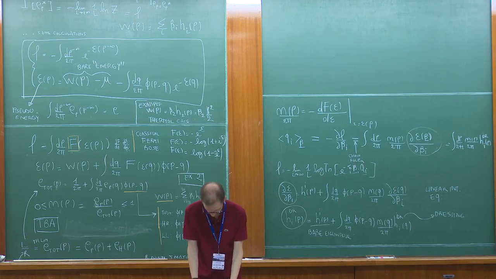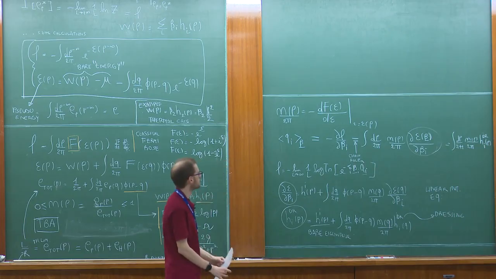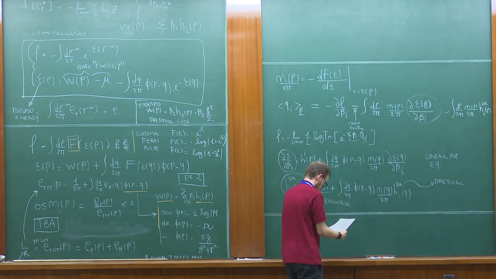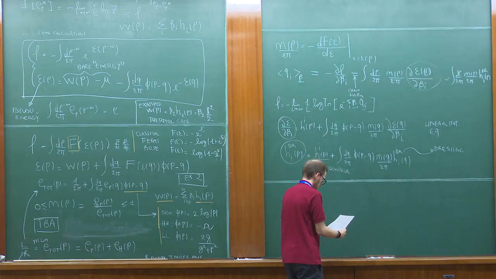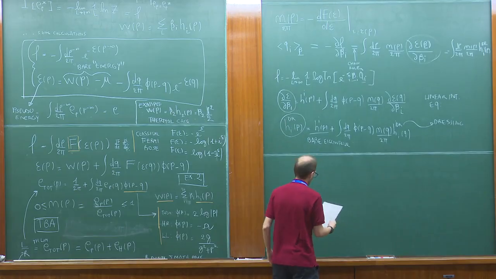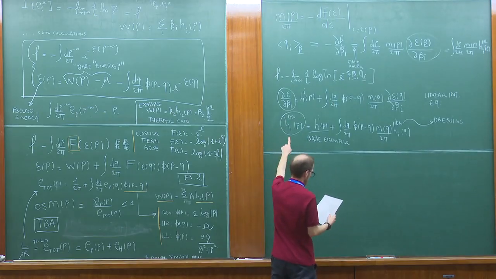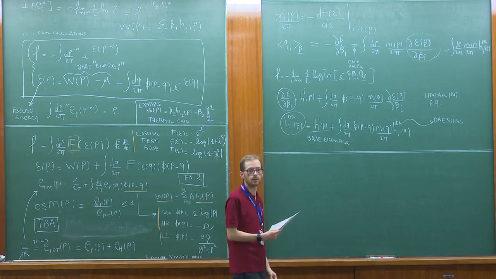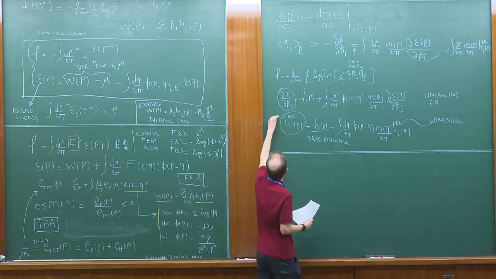Now, in general, you see this is a linear integral equation. So you are calling this del epsilon del beta as h_i^dr of p, by definition.